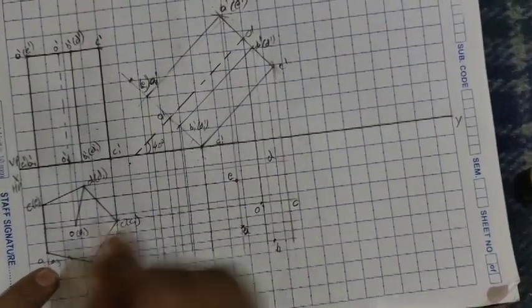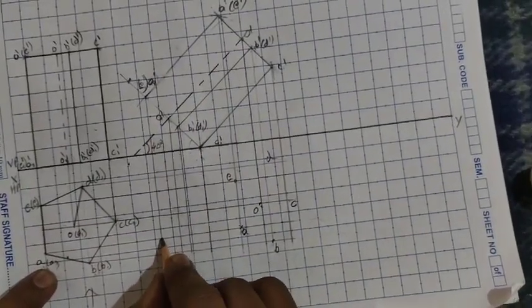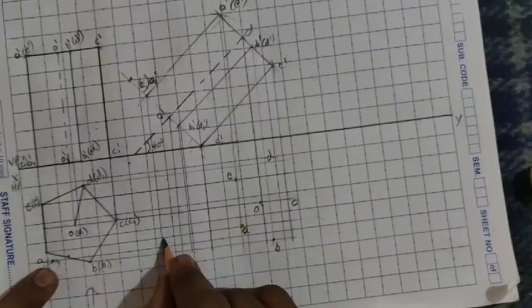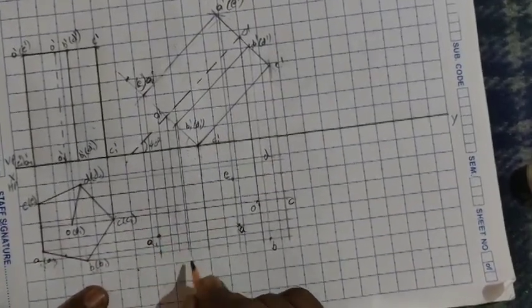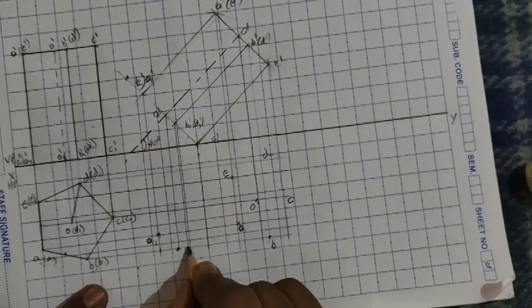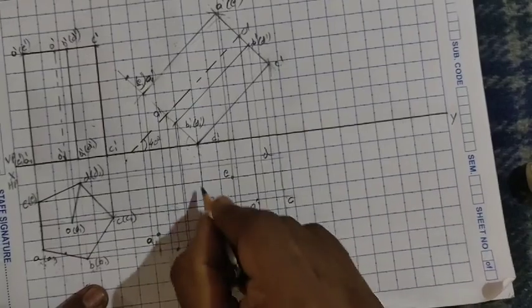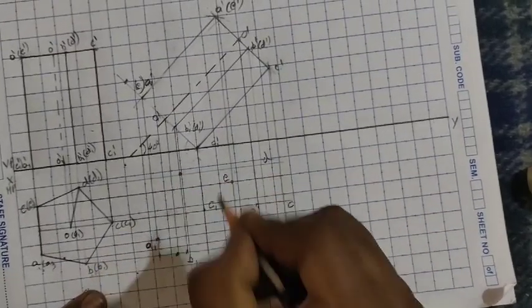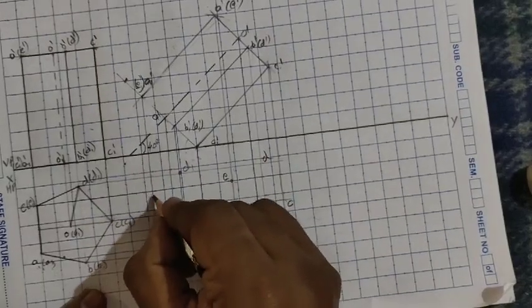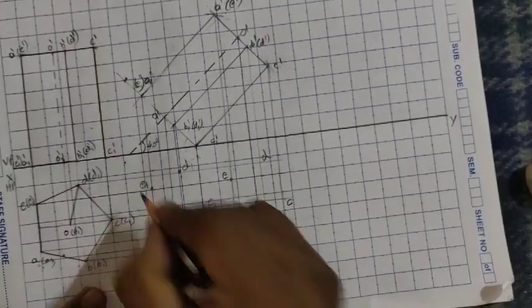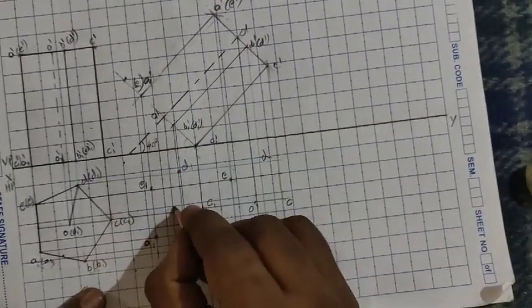Here it is A1. This is the A1 dash line and this is A1; they both meet here. This is B1, here it is C1, here it is D1, and here it is E1. So this is the bottom face, and here it is O1.